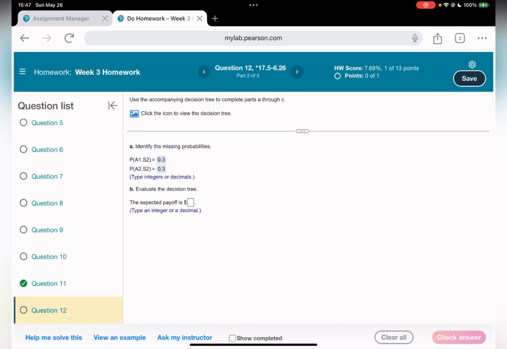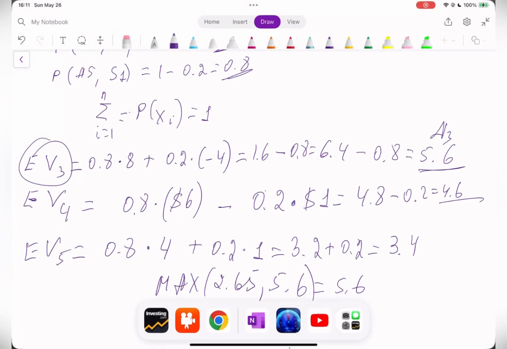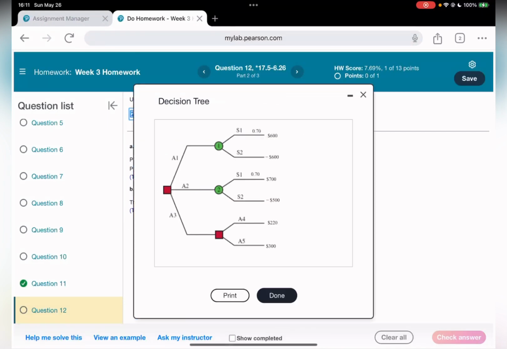Okay, well done. Expected payoff. Okay, let's see how we're going to work out this one. Let me first take a picture of that decision tree.